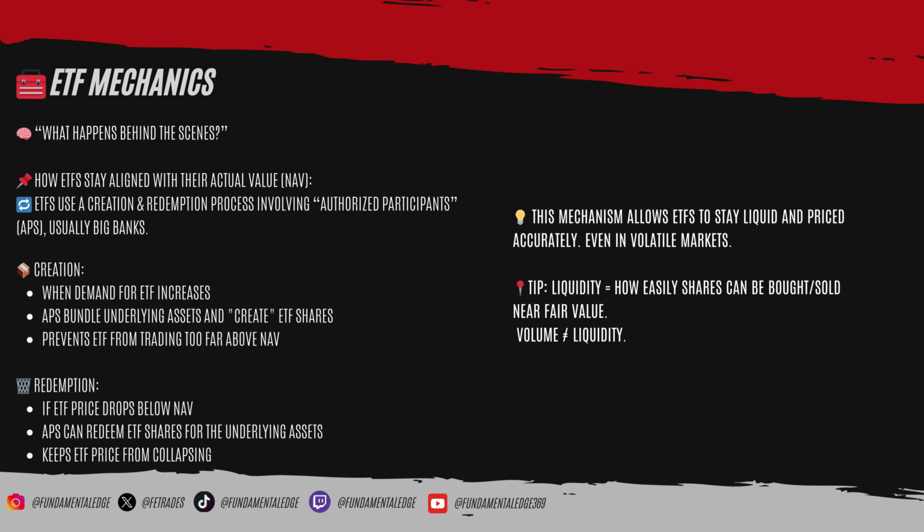This prevents the ETF's price from running too far above its actual value, called the net asset value, or NAV. On the flip side, when ETF prices fall below their NAV, APs can redeem shares, exchanging them back for the underlying stocks. That stabilizes the ETF price and keeps it from collapsing.